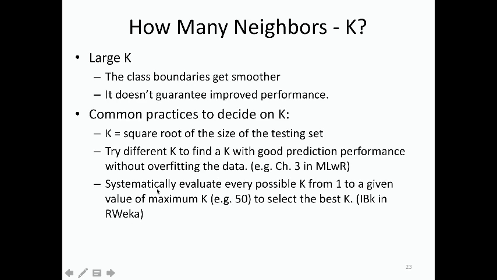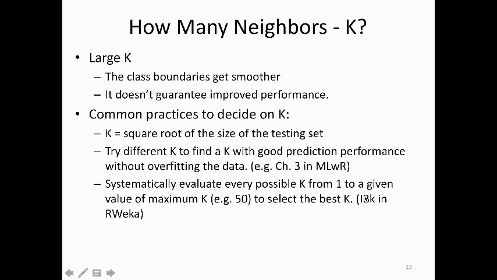The other one is, if there's some implementation already done, or if you would like to systematically evaluate every possible k, you don't do this to infinity, but give a reasonable maximum k, and then start to evaluate from k equals 1, which means 1 nearest neighbor, to 2, to 3, up to the maximum value, and then select the best k.